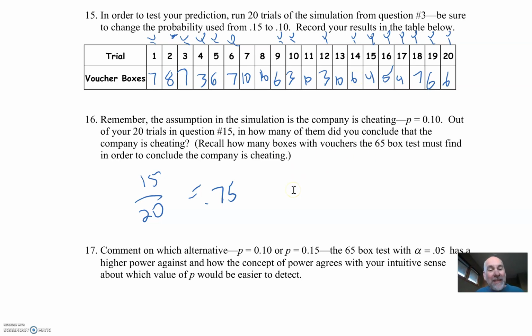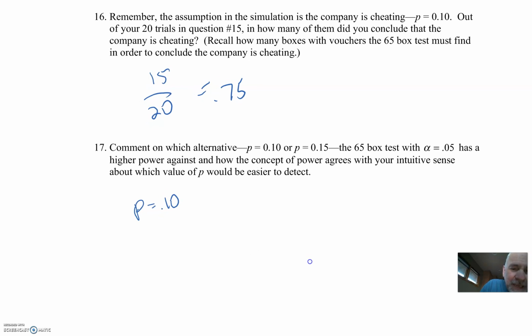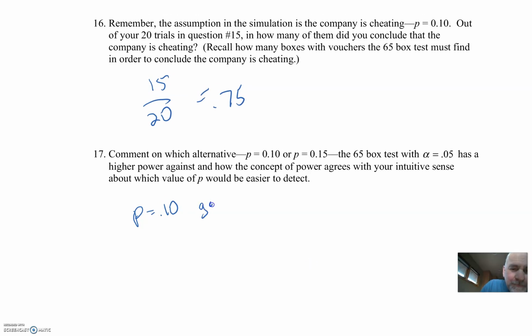So it's definite that the alternative p equals 0.1 gave us a lot more power. It gave us a lot higher probability of catching the fact that they cheated. And this should make intuitive sense, that the further off your null hypothesis is, the easier it is to notice that the null is false.